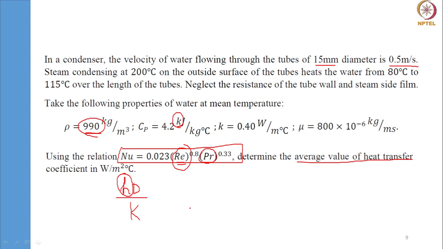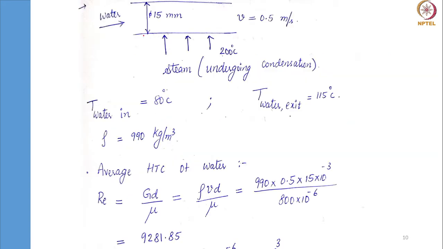Okay, fine. So we have a condenser where water is flowing inside these tubes at velocity 0.5 meters per second. The dimension is given as 15 mm. Steam is undergoing condensation. It is entering at 200 degrees Celsius. The water inlet temperature is 80 degrees Celsius and it is leaving at 115.